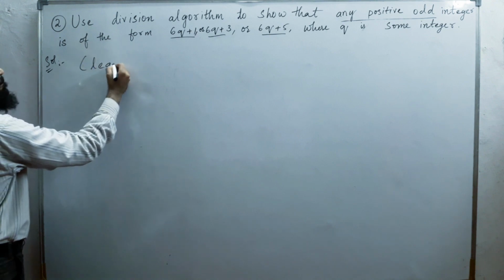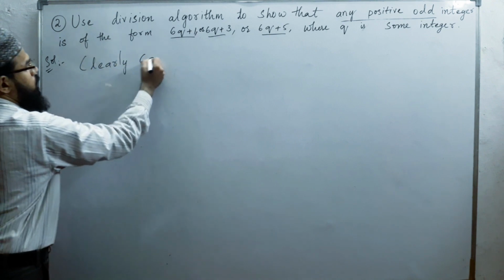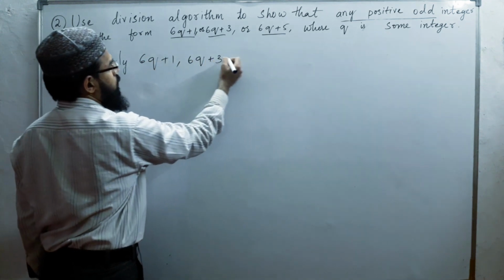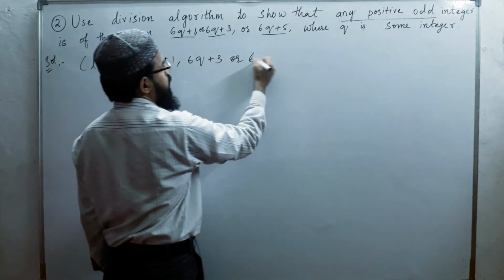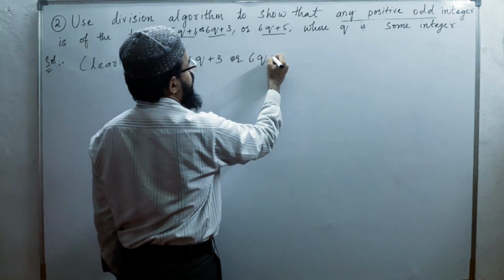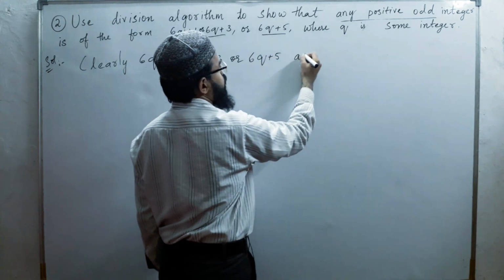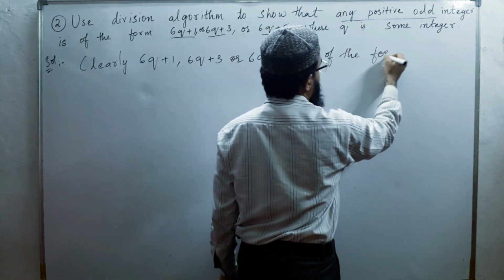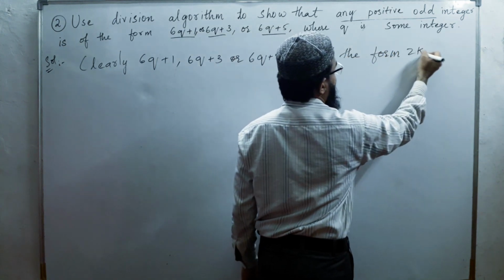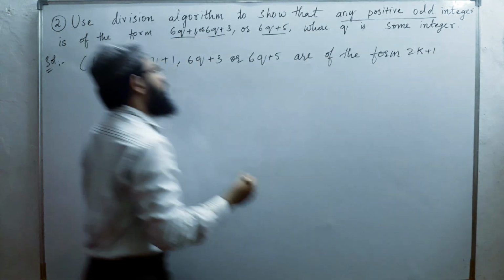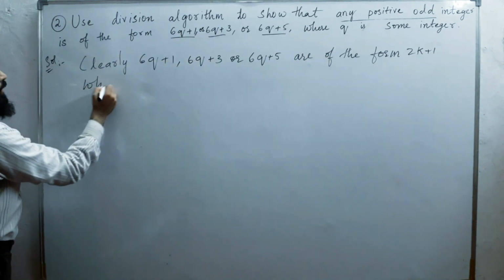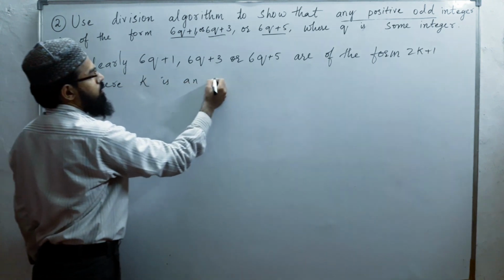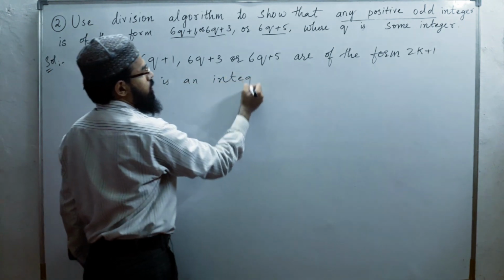So clearly 6q plus 1, 6q plus 3 or 6q plus 5 are of the form 2k plus 1, where k is an integer.